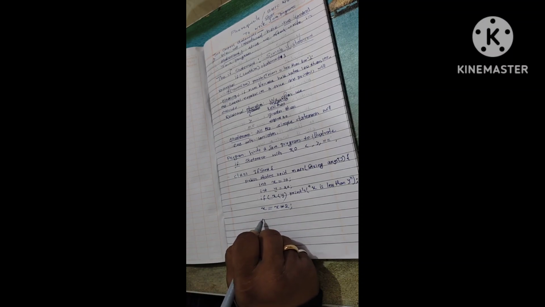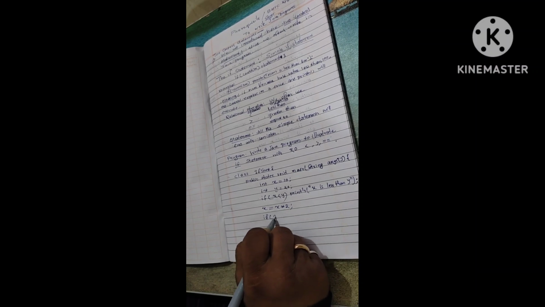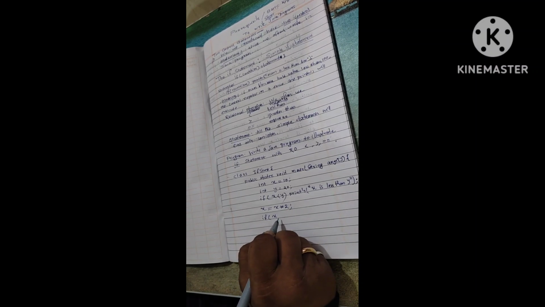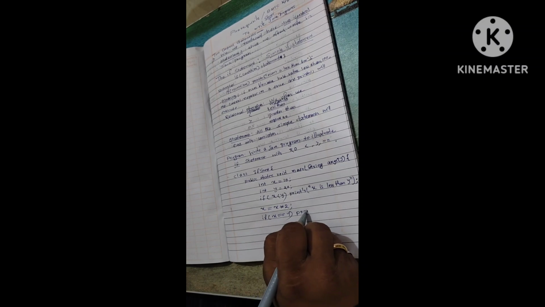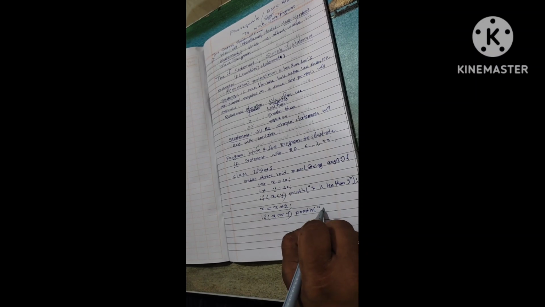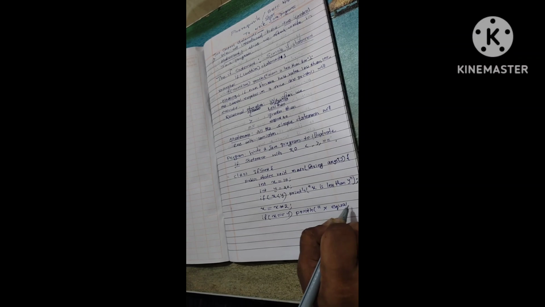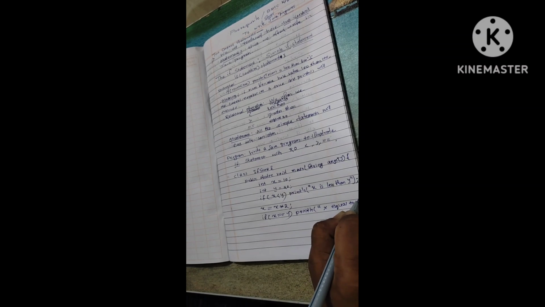Now we'll check here: if x is equal to y, write println "x equal to y", and close the double quote.